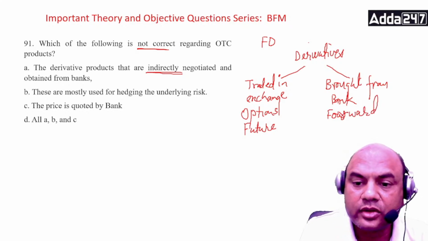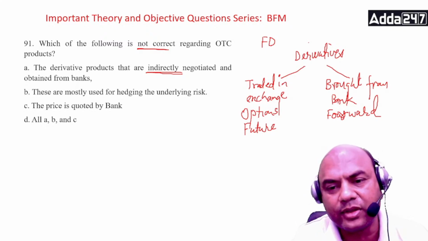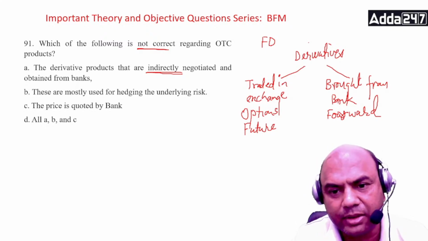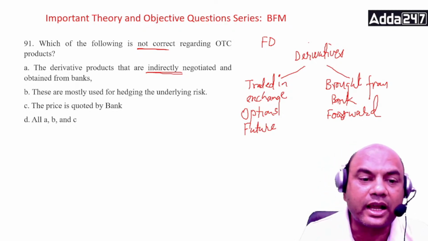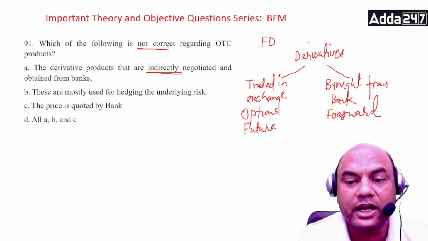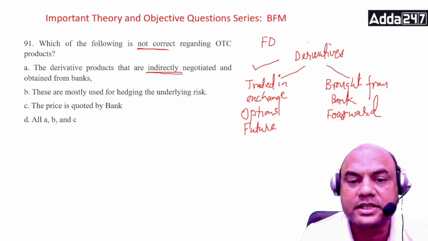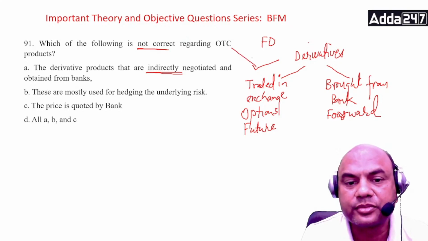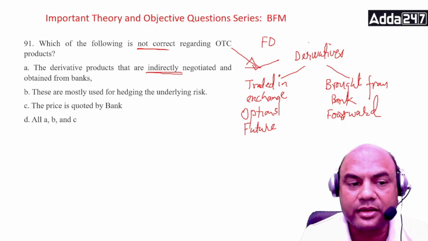So this forward is brought from the bank, right? There are many swaps. Swaps are also brought from the bank, not from the exchange. So are these the derivative products which are indirectly traded? See this. Traded in the exchange means these are not OTC. Brought from the bank, these are OTC.